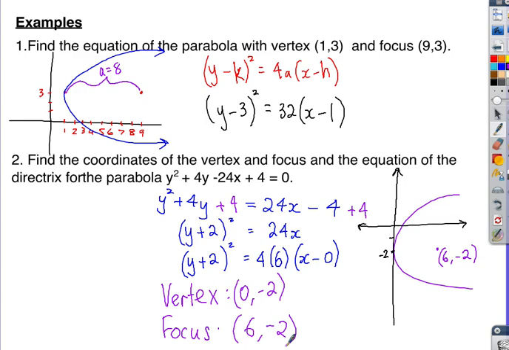Alright, so there's our focus. Remember our focal length was 6, so put our 6 back the other way, to negative 6. There's our directrix, at x equals negative 6.